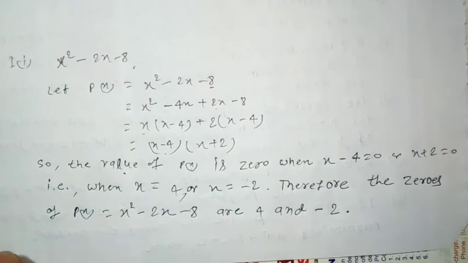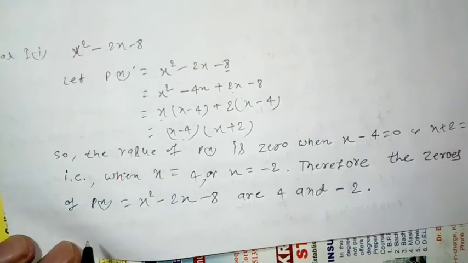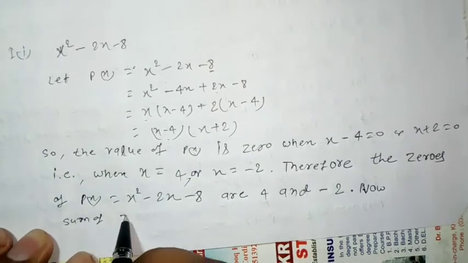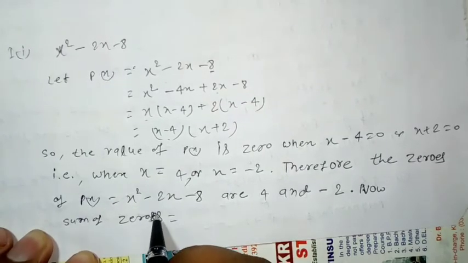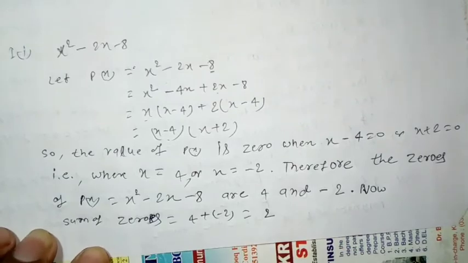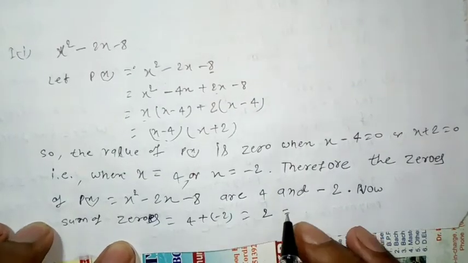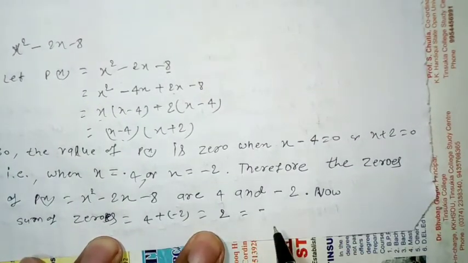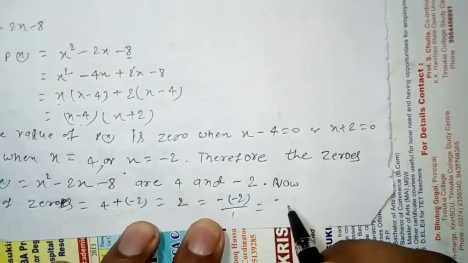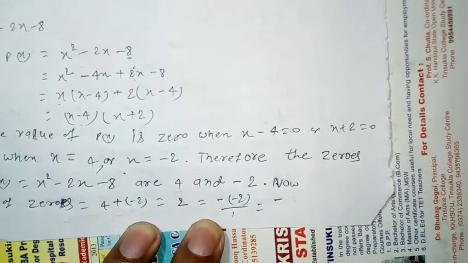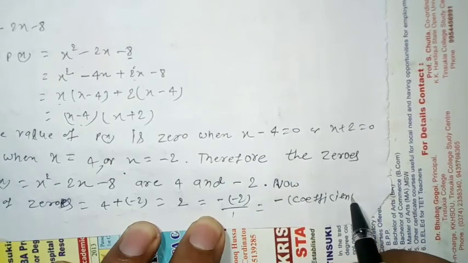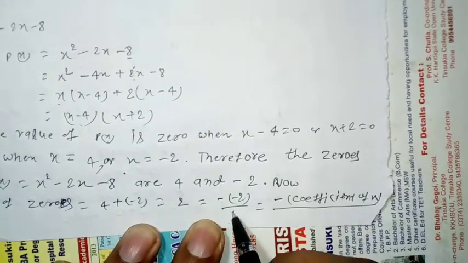Now the question says verify the relationship between the zeros and coefficients. Now sum of zeros is equal to 4 plus minus 2, which is equal to 2, which is equal to minus of minus 2 by 1, where minus 2 is the coefficient of x, so coefficient of x by 1, where 1 is the coefficient of x square.